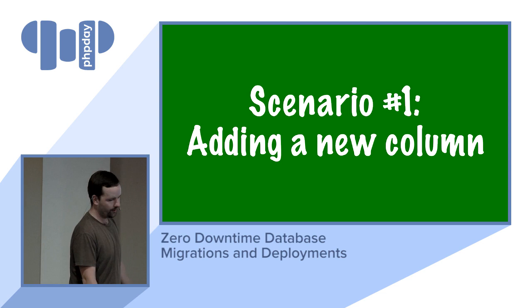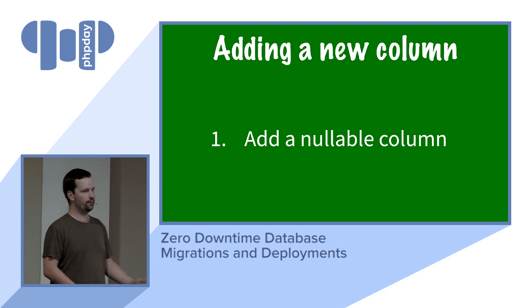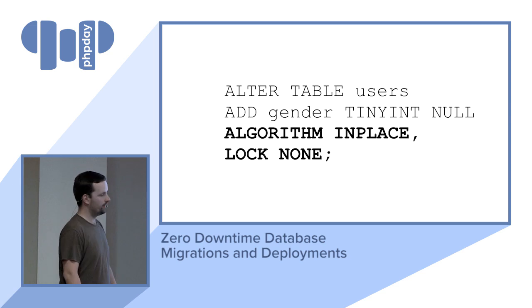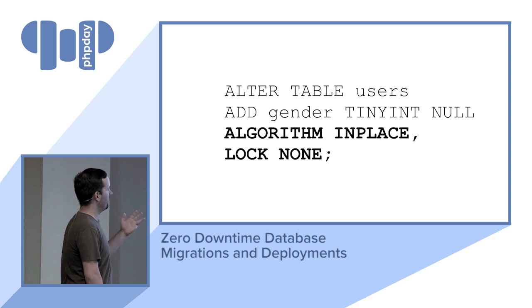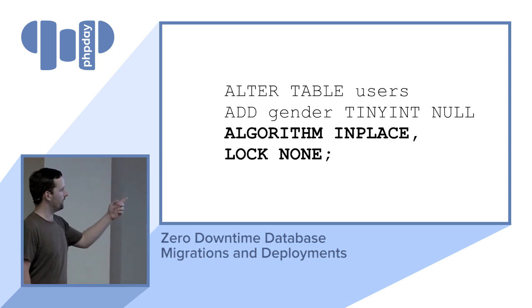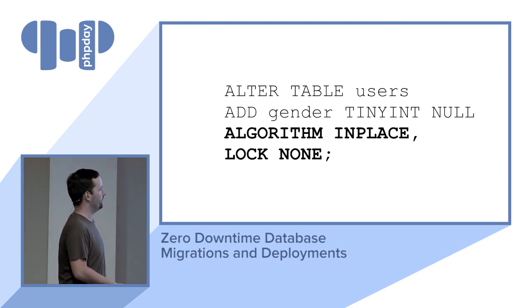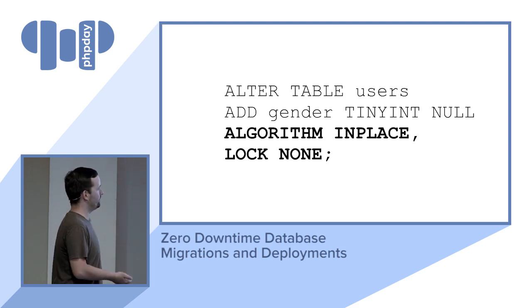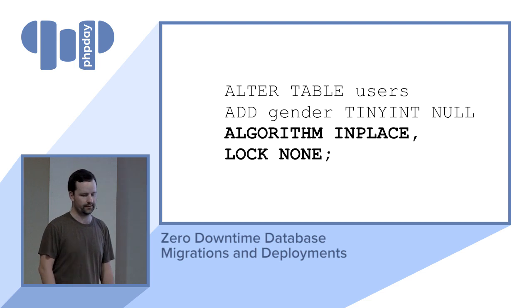Okay, so when we are adding a new column, the first step is to add an optional column. When you add a nullable column, nothing can break in the application. And this is how you should do it, at least in MySQL, because the ALGORITHM=INPLACE and LOCK=NONE on the last two lines force the database to make the migration without any locking. If it cannot be done, if there's some complication, then MySQL will refuse to do the migration at all, and you will have to rewrite it somehow.